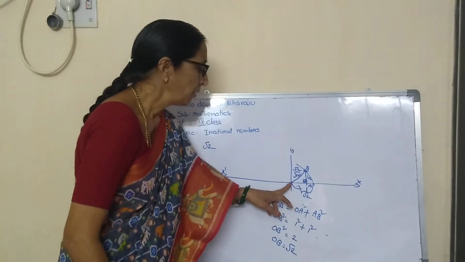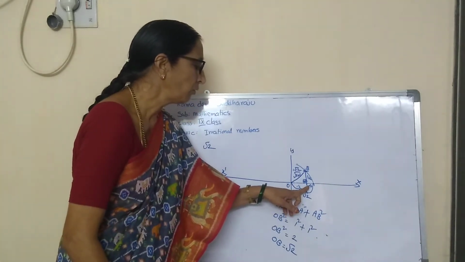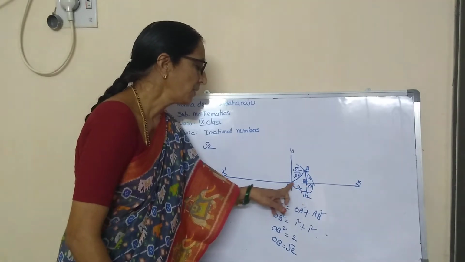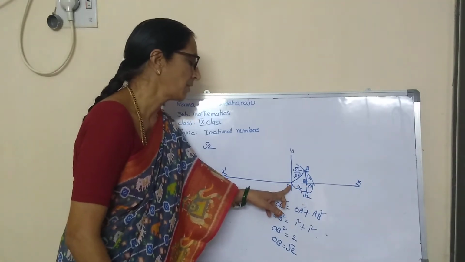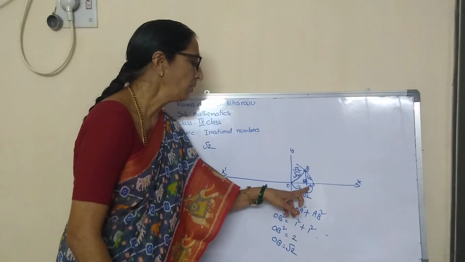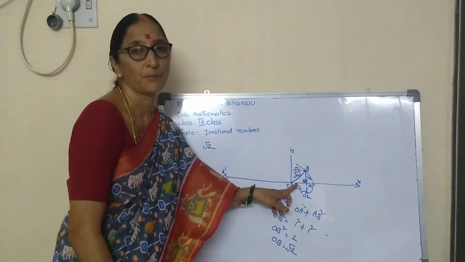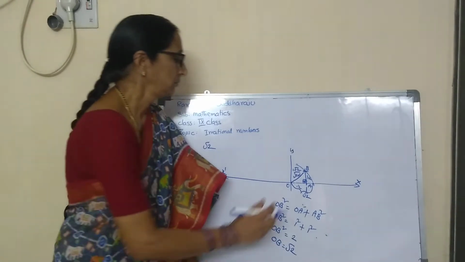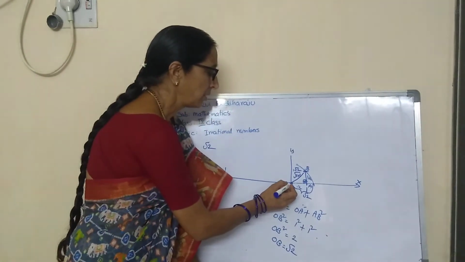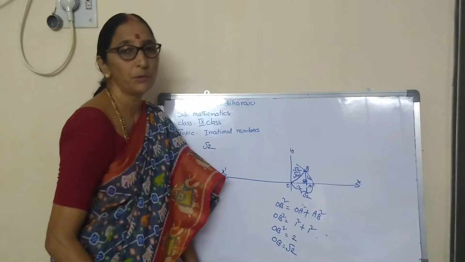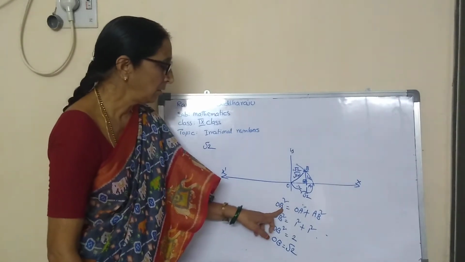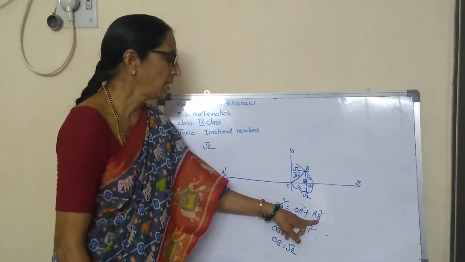First, from the origin, A is 1 unit from the origin. AB is also 1 unit, which is perpendicular to the x-axis. Then, according to Pythagorean theorem, OB, the hypotenuse, square is equal to OA square plus AB square.